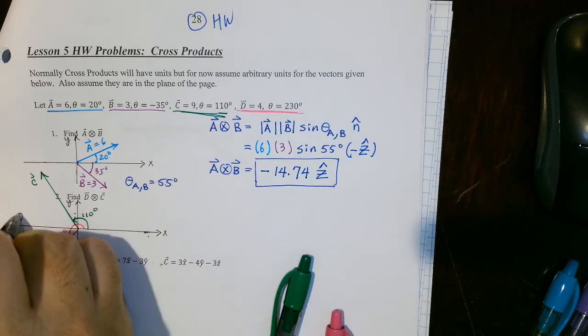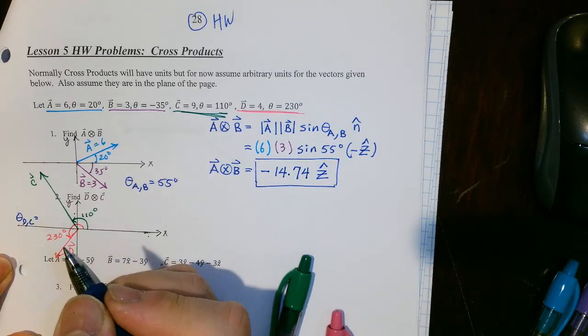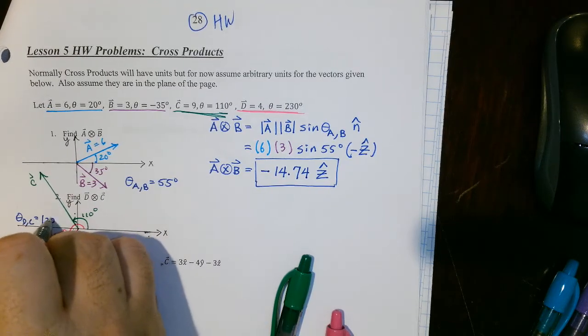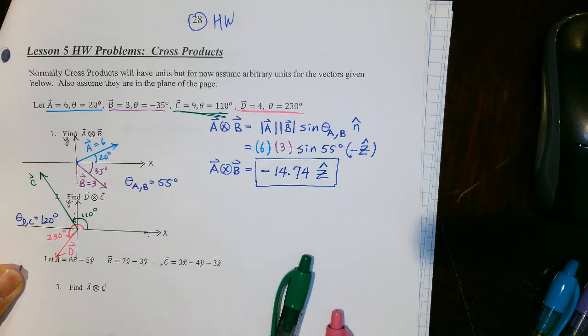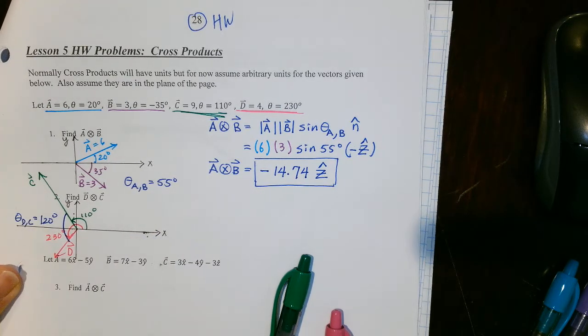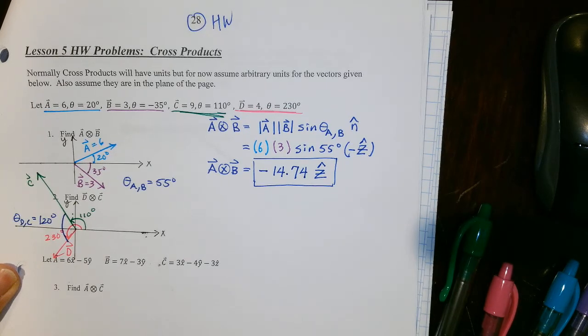So the angle theta between D and C would be 120 degrees. Okay, so this is the angle between D and C. All right.